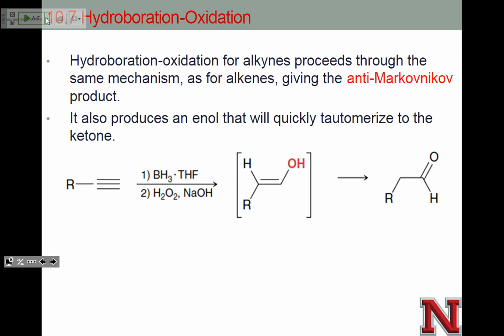It's going to form, technically, and this is terminal, it doesn't form a ketone, it forms an aldehyde. Because the terminal alkyne has a hydrogen, which means our alcohol adds to the carbon that has a hydrogen. Which means this has a hydrogen, and this is called an aldehyde. As soon as there's one hydrogen attached to a carbonyl carbon, that's an aldehyde. So technically it's an enol-aldehyde tautomerization, but the same concept.